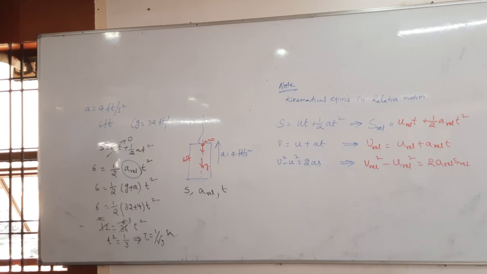Full stop. A monkey is climbing the vertical pole mounted on the truck with a velocity of 3 meters per second.